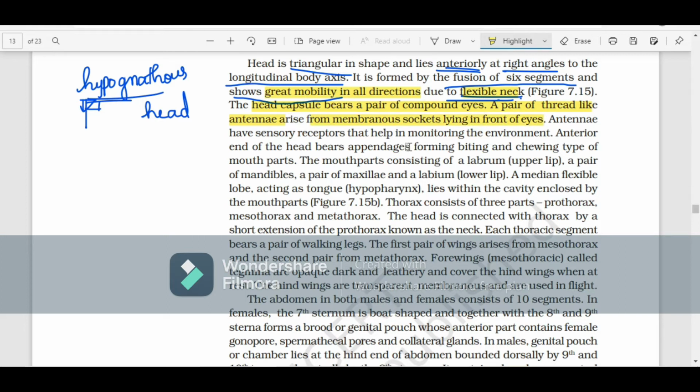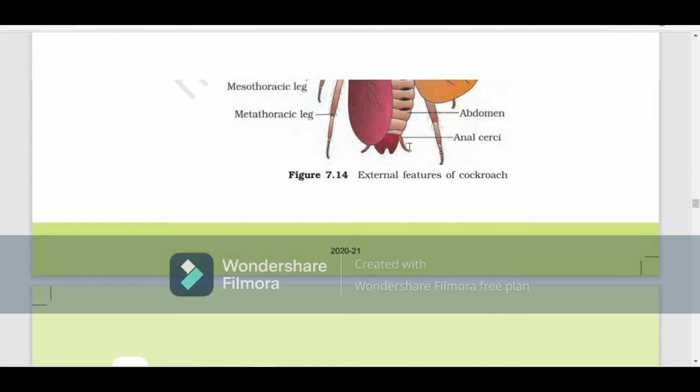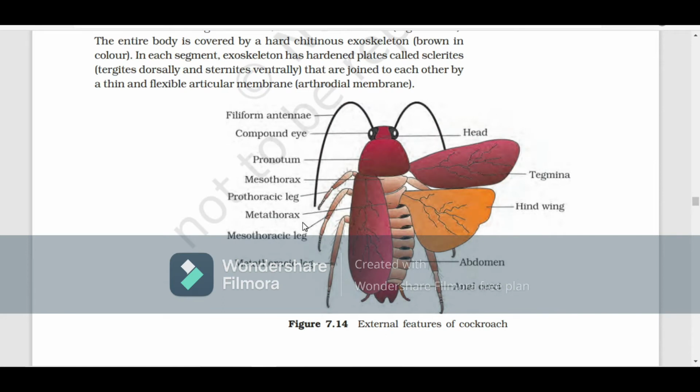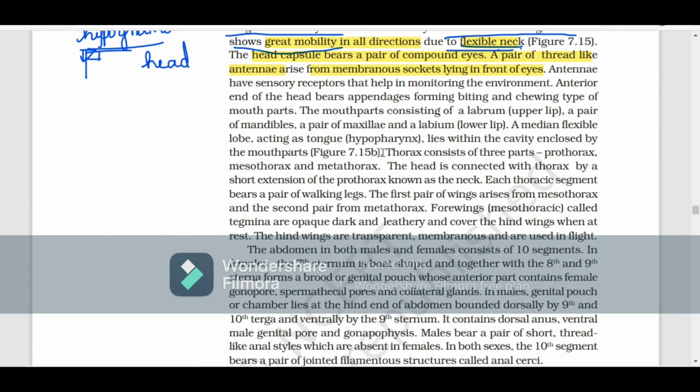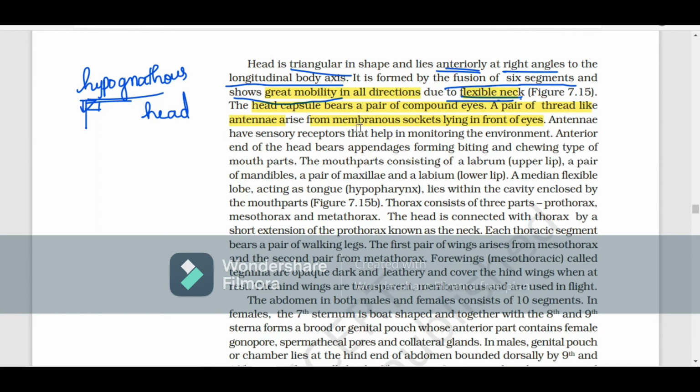There is a flexible neck in between, because of which the cockroach can turn its head and show great mobility in all directions. Antennae have sensory receptors that help in monitoring the environment.